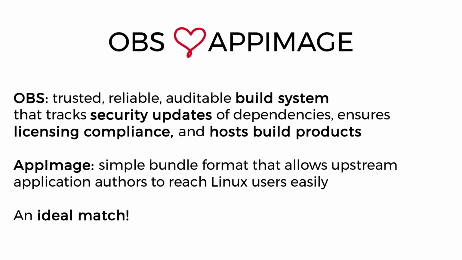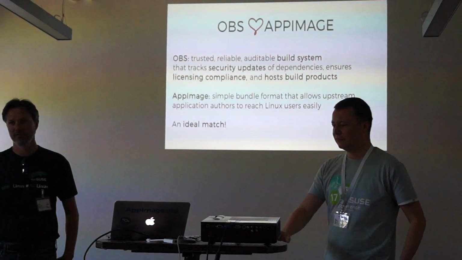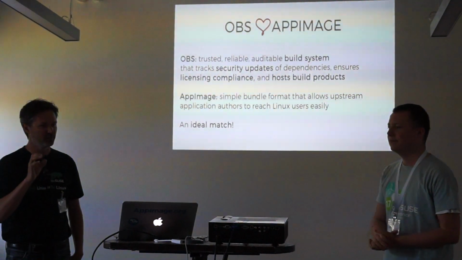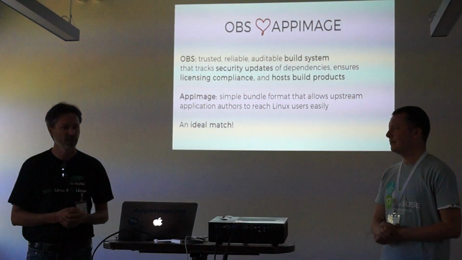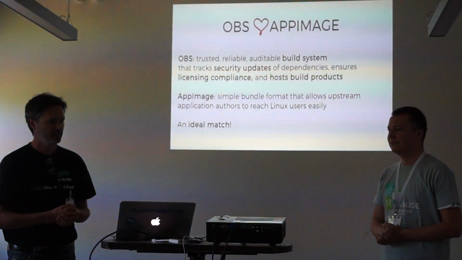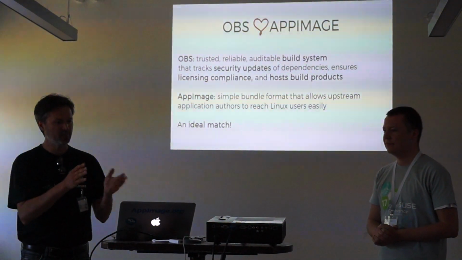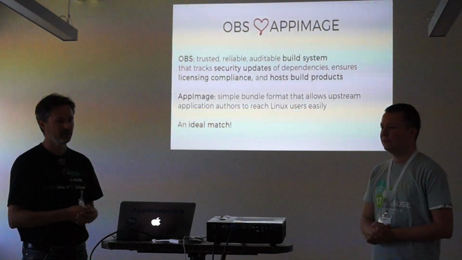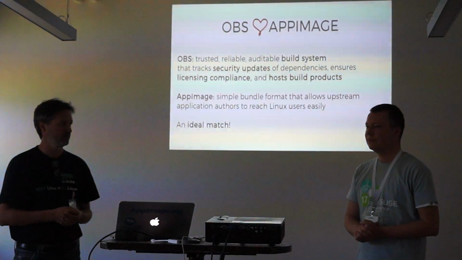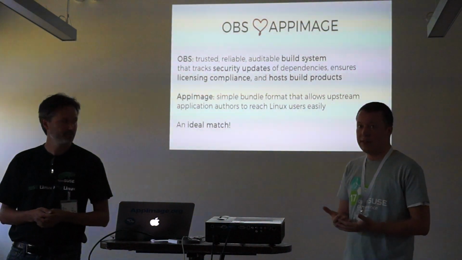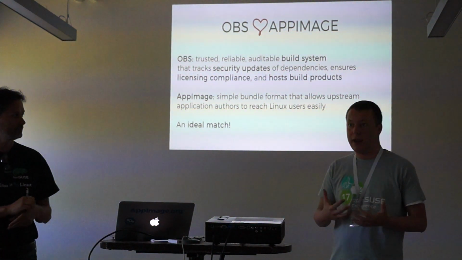So in the ideal case, you have a very small YAML file where you see, okay, it's using these sources from this Git repo, and it uses these RPM packages from these other projects. So if you trust these upstream projects, it's very easy for everybody to use if he can trust the AppImage.